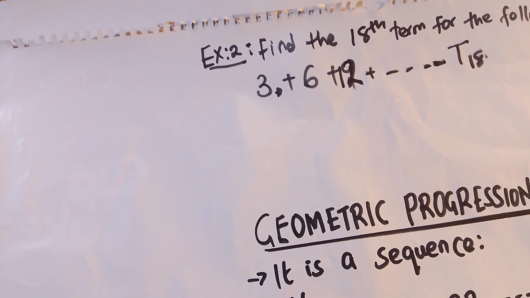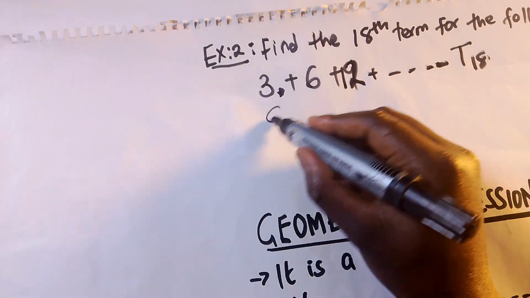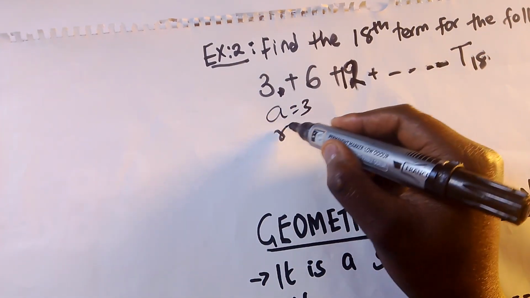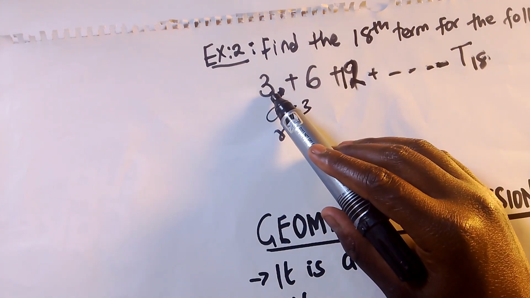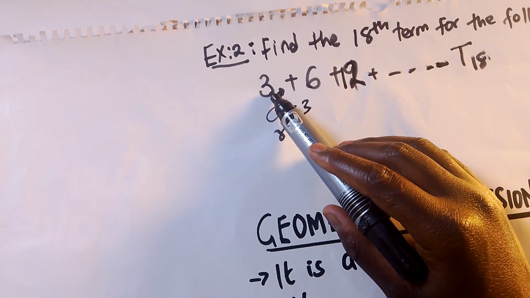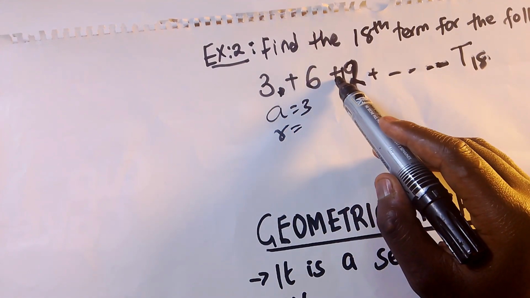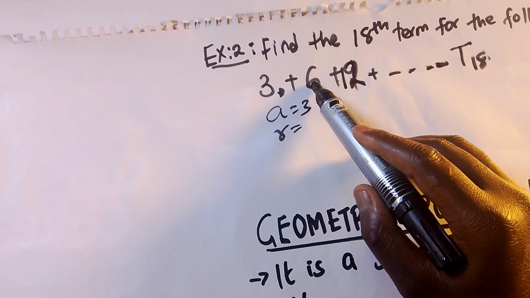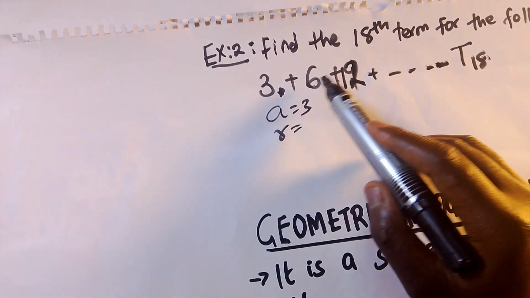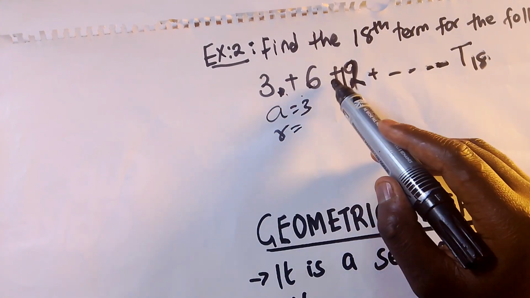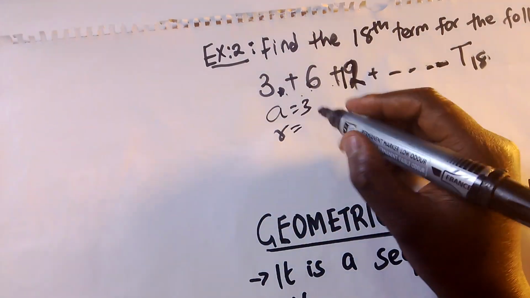So we have just said that our A is 3. Our R is 6 divided by 3, and 12 divided by 6, which is 2.